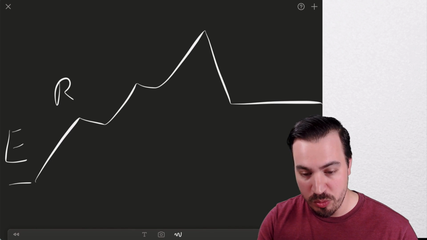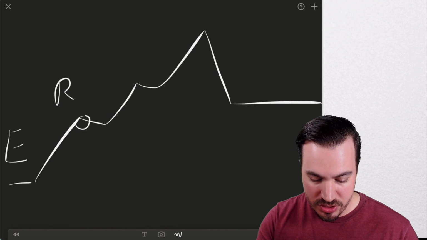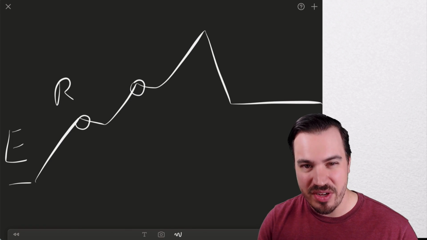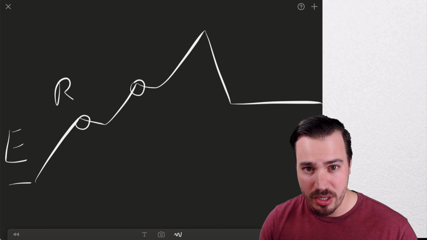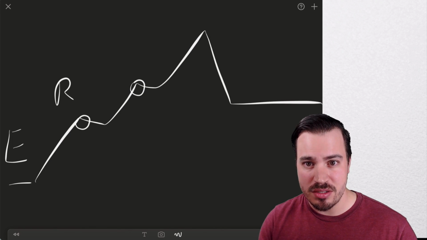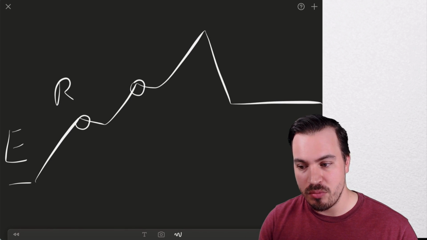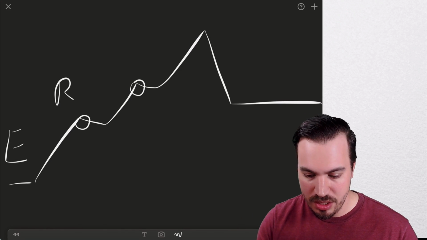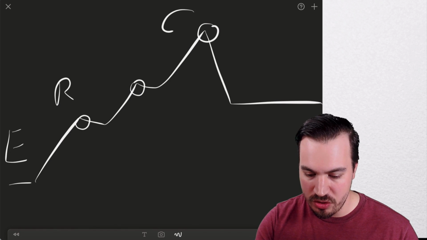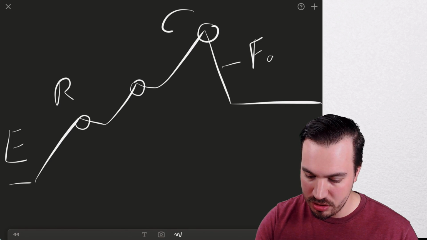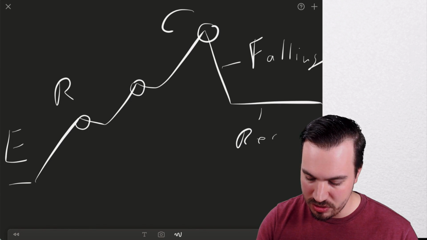Sometimes there may be more little points. These are just representing specific events that happen during the story, specific series of events that contribute to the rising action, that make the challenge more challenging or the problem worse. Obviously at the top you've got your climax right here, and then this is your falling action, and then we have our resolution.